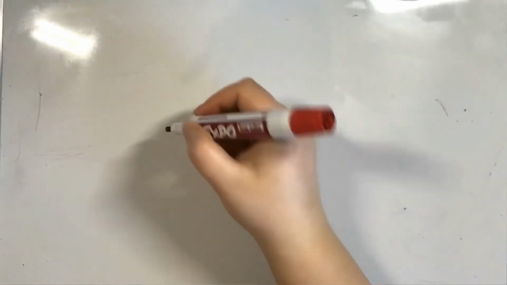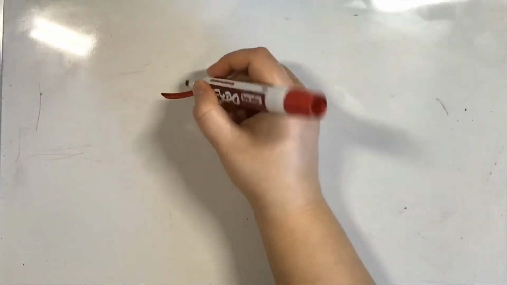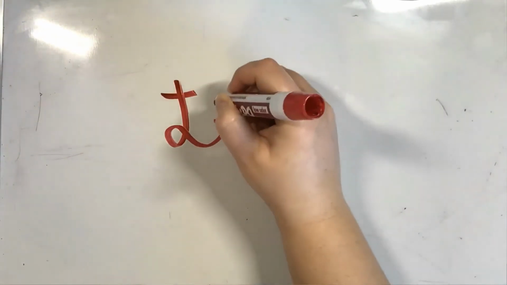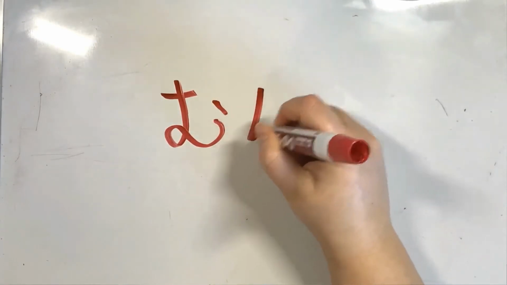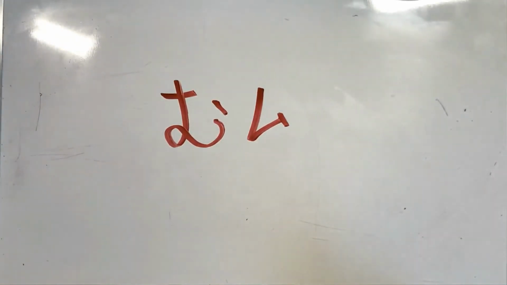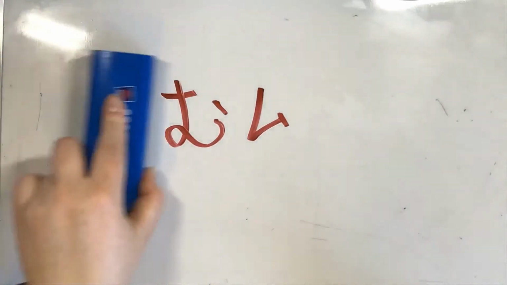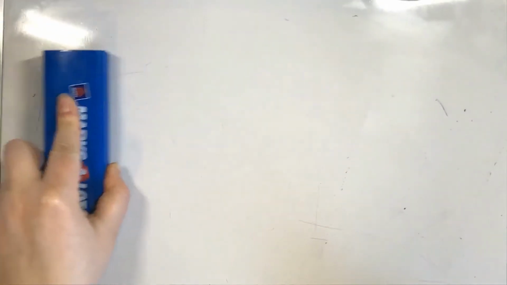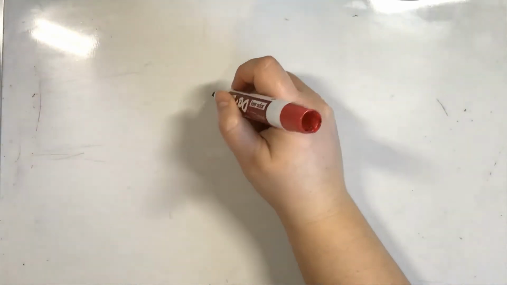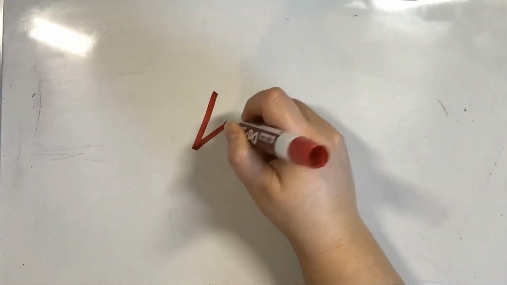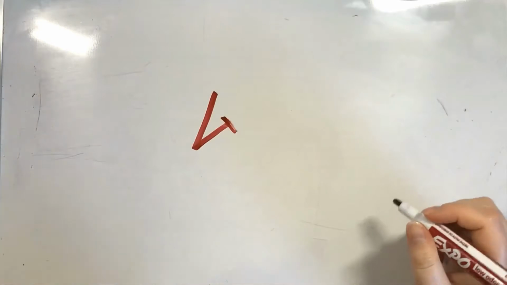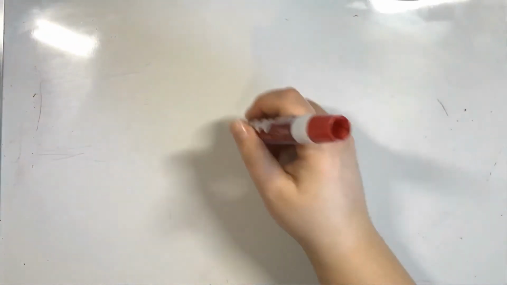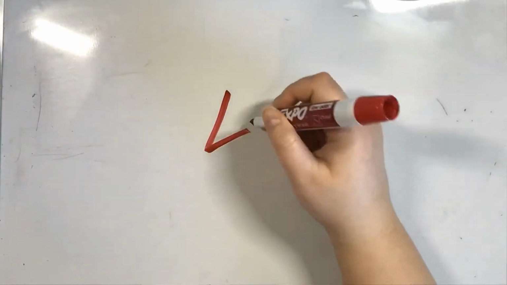Next is the comparison for mu. So mu is actually kind of similar to ma in terms of the shape, so I'll do a comparison between the two of them. So mu, you kind of start from the center, go down, come back up, and do a line that intersects. Down, across, intersect.